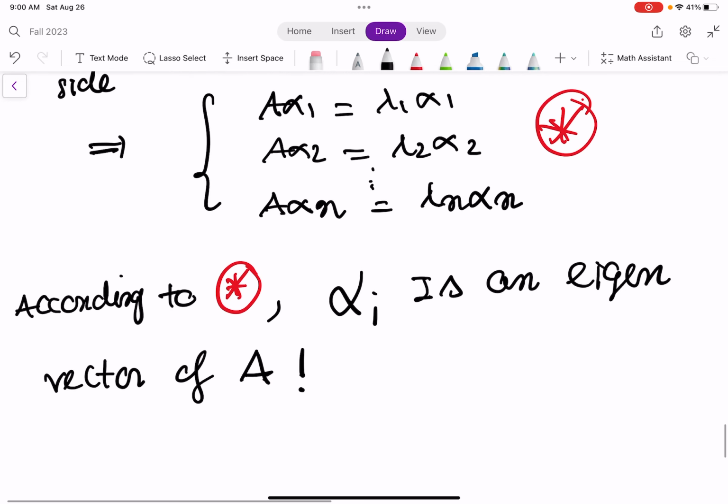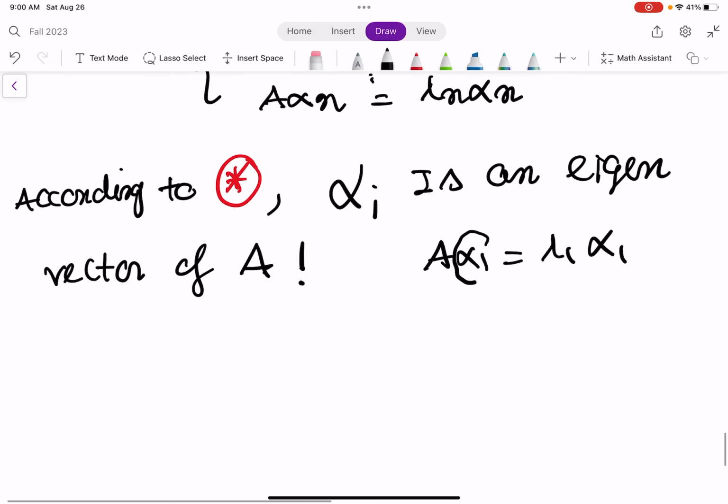A alpha 1 equals lambda 1 alpha 1. Alpha 1 is a vector, right? So if you can find a vector where you apply A and you get a scale of lambda 1 of that vector alpha 1, that is exactly the eigenvector.